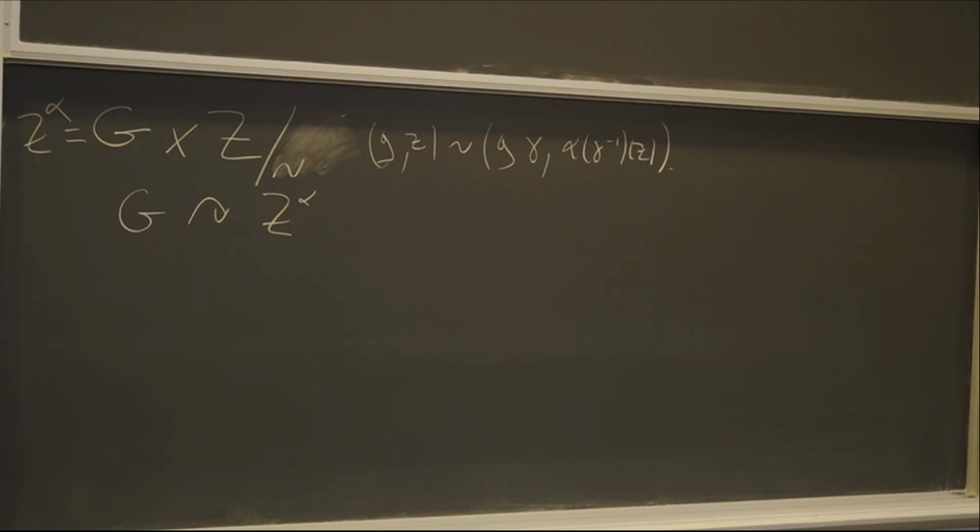You could define an action alpha smaller than beta if alpha is a factor of beta, and this defines an order.